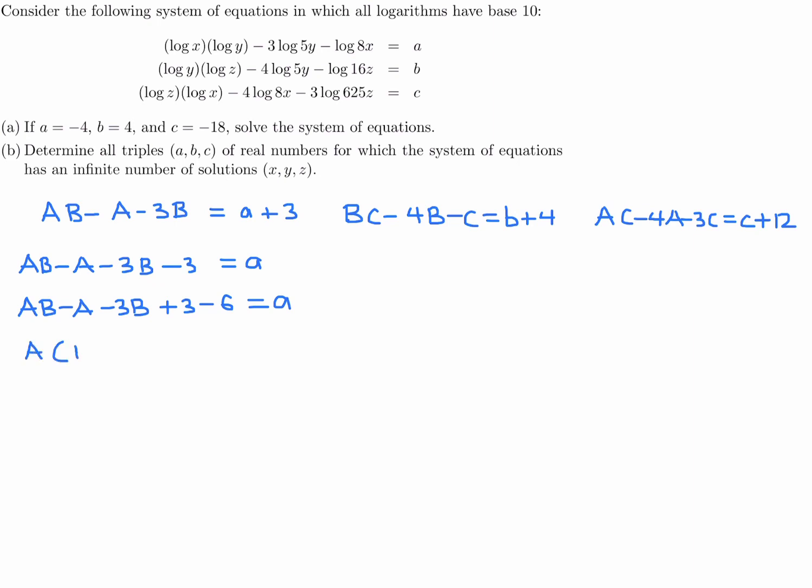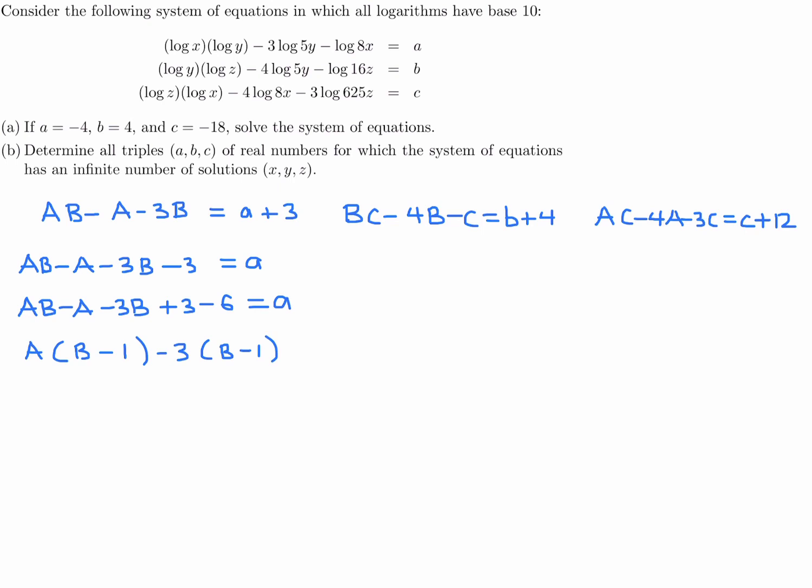Notice this a factors out. I get b minus 1, actually. And then on this side, if I factor out a 3, I'll get b minus 1.